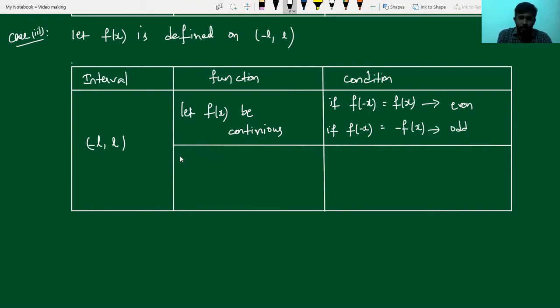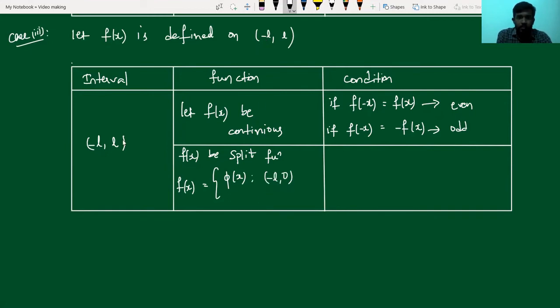Suppose let the function f of x be a split function.